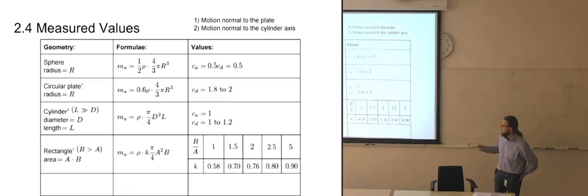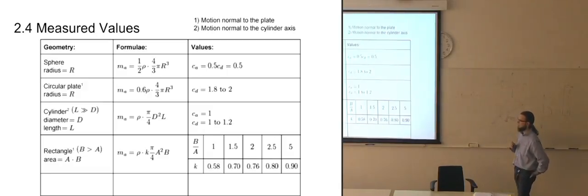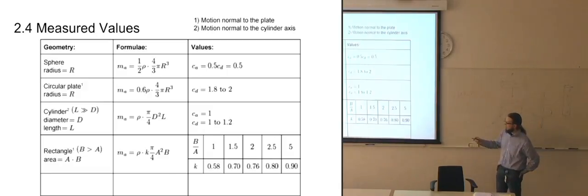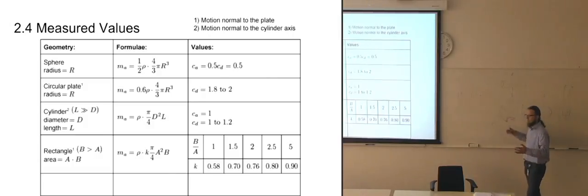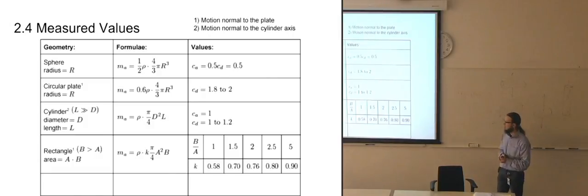So then we have several other ratios. If B is 1.5 times greater than A, you get 0.70, then 2 times, 2.5 times, and 5 times greater. And then you see this K value increases the larger this ratio is. But it is slowing down, as you can see here. The larger the difference becomes, the less of an increase we get on this K value.